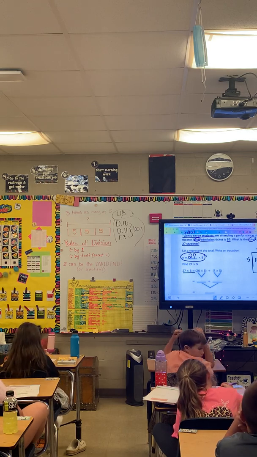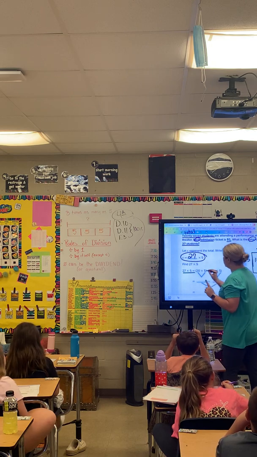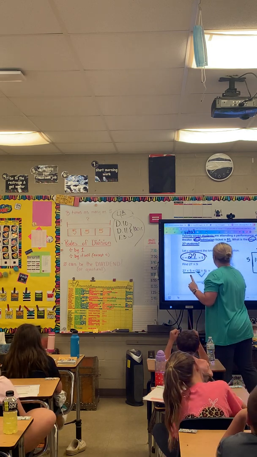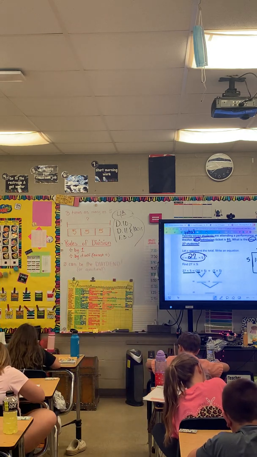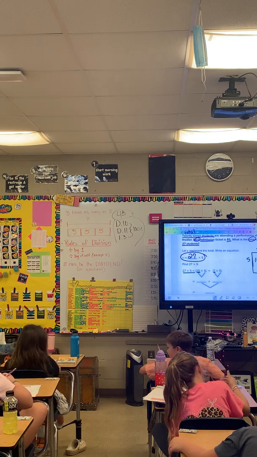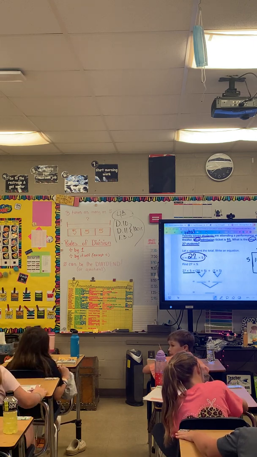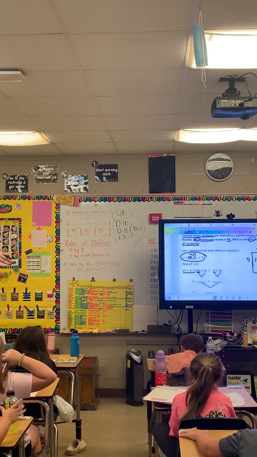Which number did I decompose? 27. I decomposed it into what? 20 and 7. Underline the 20 and the 7. That's where I decomposed it. And remember, the 20 and the 7 can't be in the same group, right? We're pulling them apart. They got to be in separate groups.